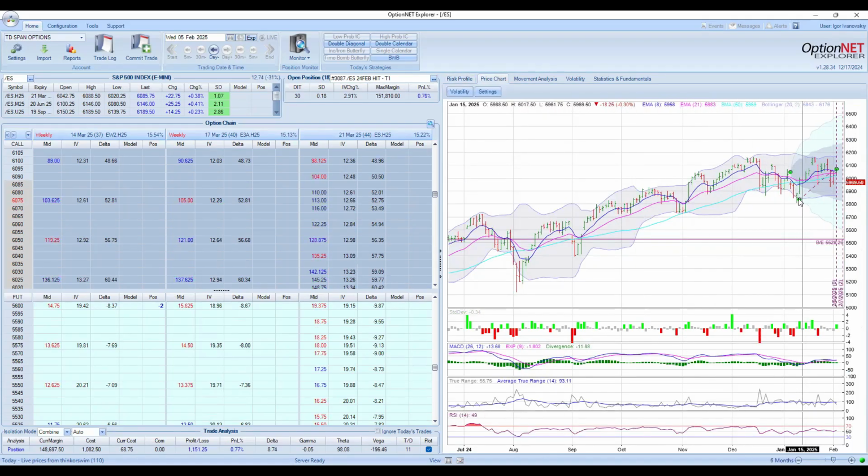This was the first adjustment. I rolled my initial layer of the naked puts down. I didn't sell a put debit spread to cover the cost because there was no cost. But if there was a cost, and instead of selling the put debit spread I sold the call on this move higher, guess what? The problem on the downside is kind of fixed for now.